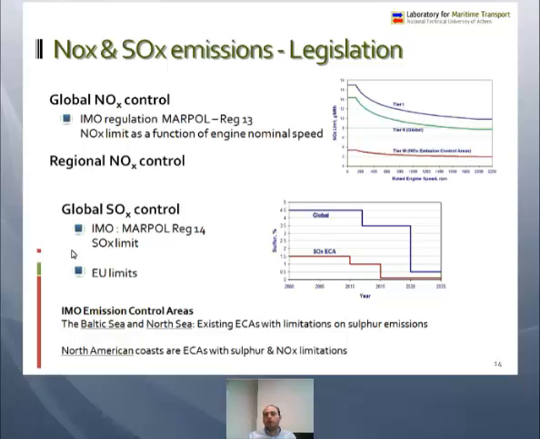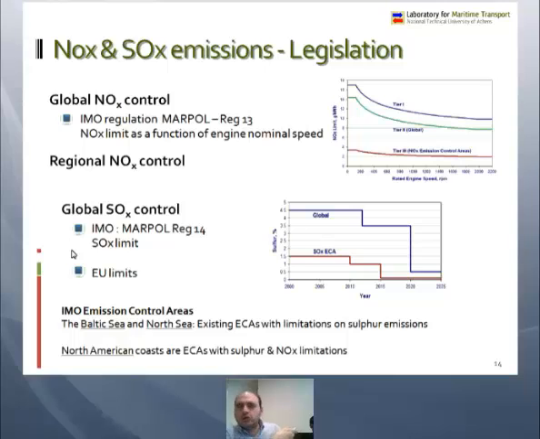To control NOx, the IMO has this MARPOL regulation, which has standards based on the speed, the RPM, of the main engine. So there are some limits on NOx emissions based on the rated engine speed.